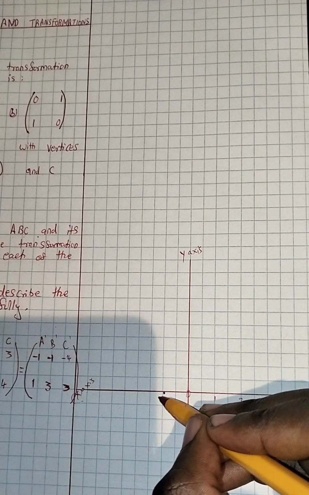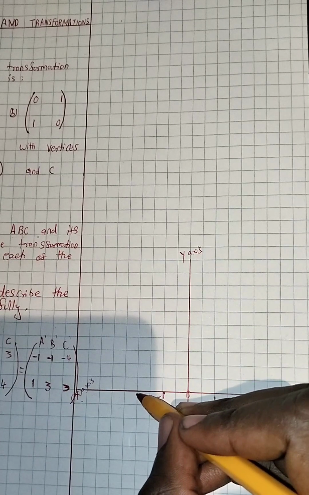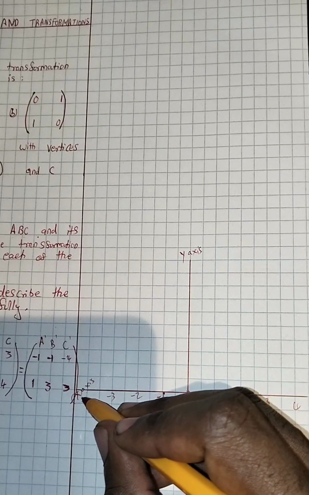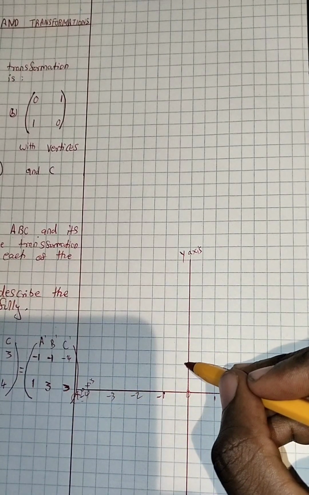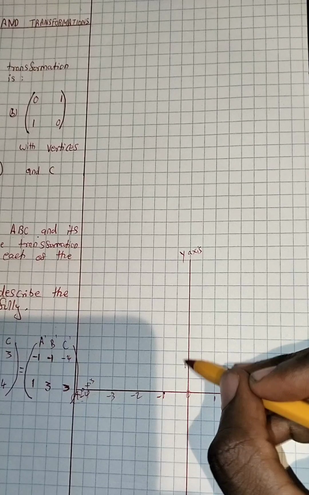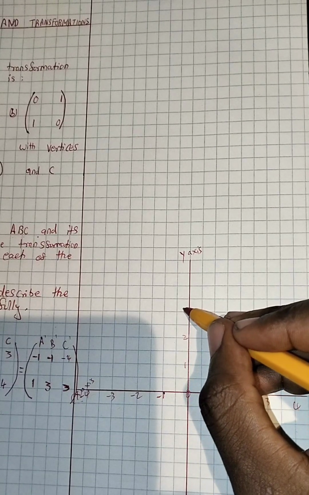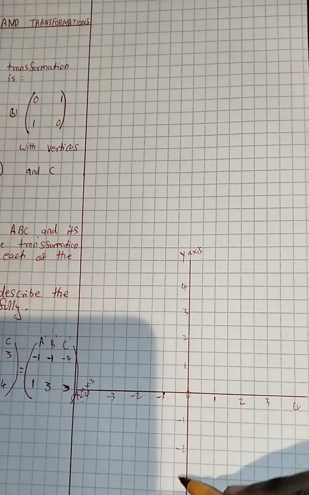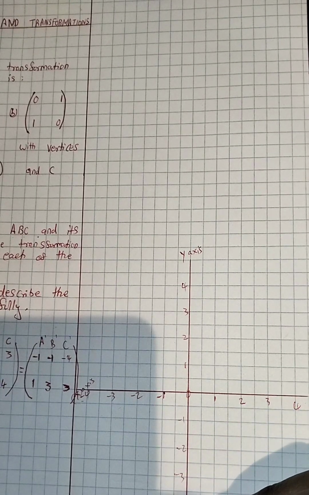About the other side, this must be negative: negative 1, negative 2, negative 3, negative 4. About going up, this must be positive: 1, 2, 3, 4. About going down: negative 1, negative 2, negative 3, negative 4.